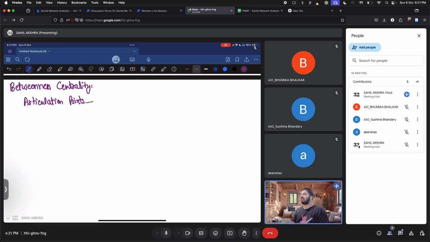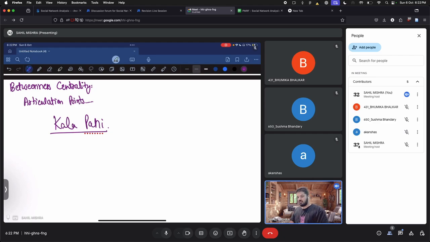To explain this concept of articulation points, there's a web series on Netflix, Kala Pani or something like that. It's basically about an epidemic that breaks out on an island in Andaman and Nicobar, and ultimately it spreads to the whole of Andaman and Nicobar. So the government basically contains that island, air support, water support, everything is contained.